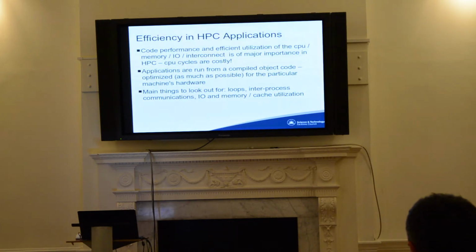Now, how is this achieved? Well, applications or codes are always run from a compiled object code, which needs to be optimized as much as possible for the particular hardware in question.